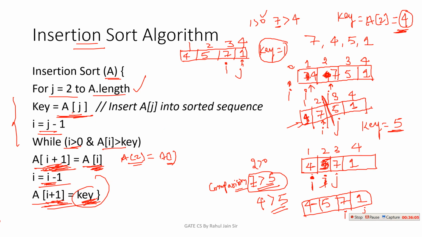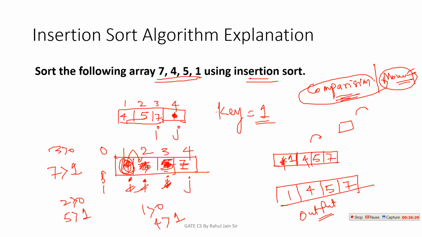Start here, make the second element the key, take the variable i as just one place before j, use that i: if i is greater than 0 and the value of a of i is greater than key, just move that element to the right-hand side, and compare all the left side elements with that. If it is okay, then place it with the key. So it is the insertion sort algorithm, guys.